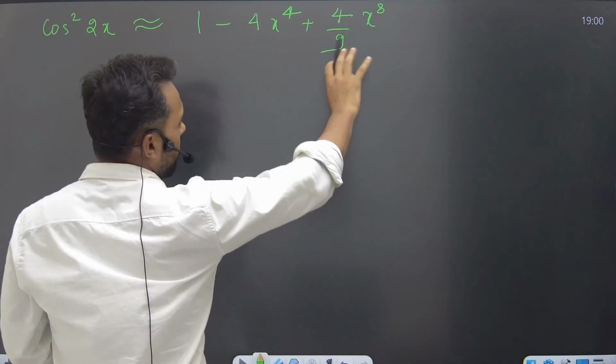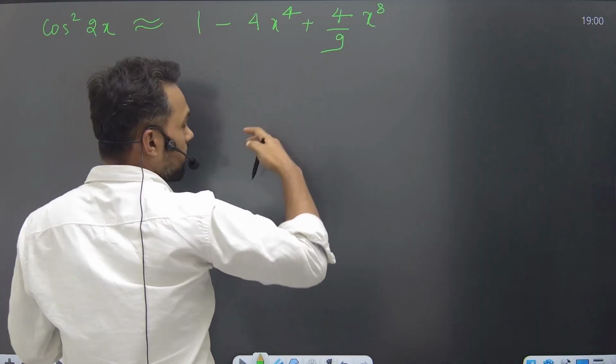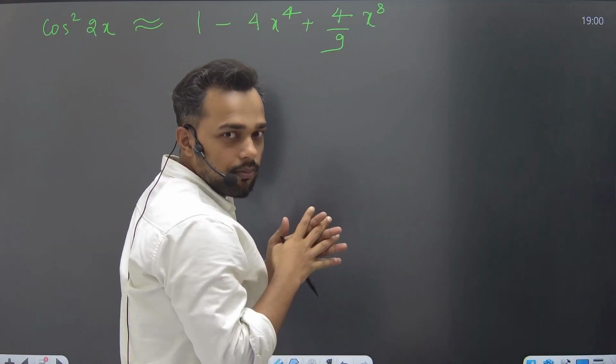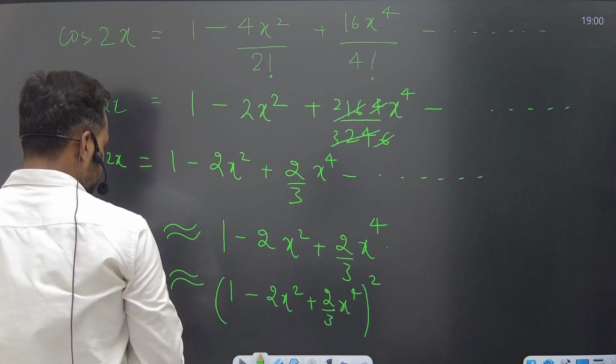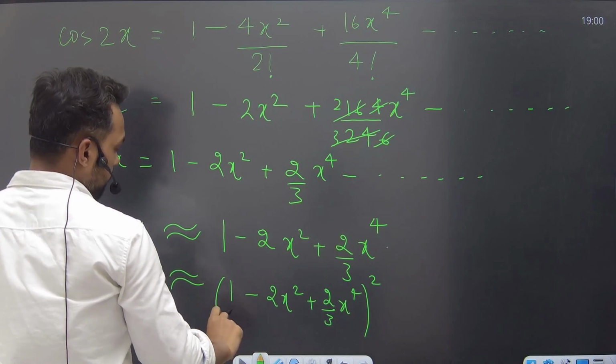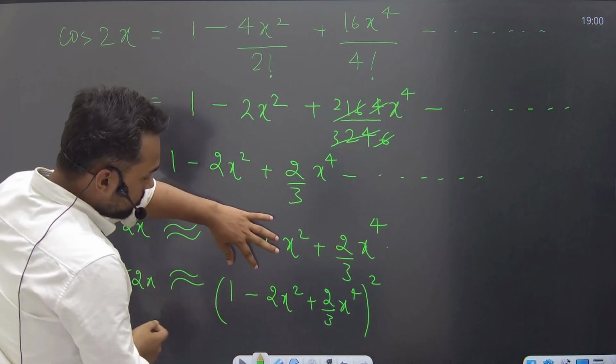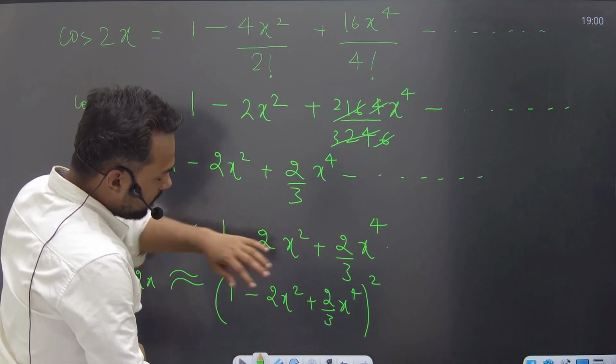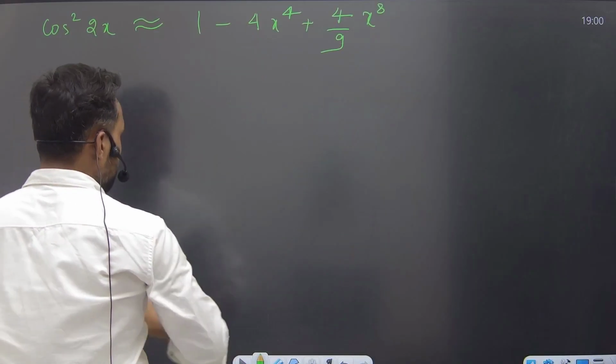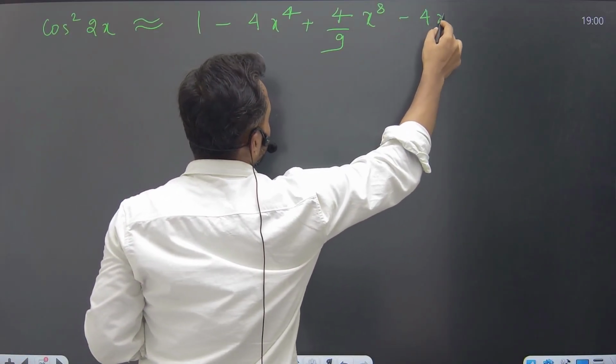Okay, so we'll not take this value into consideration, but this is how I'm expanding it, so I'm writing it. So plus 2ab, but with 2a and b, the b part is negative, so we'll be writing negative 4x square.